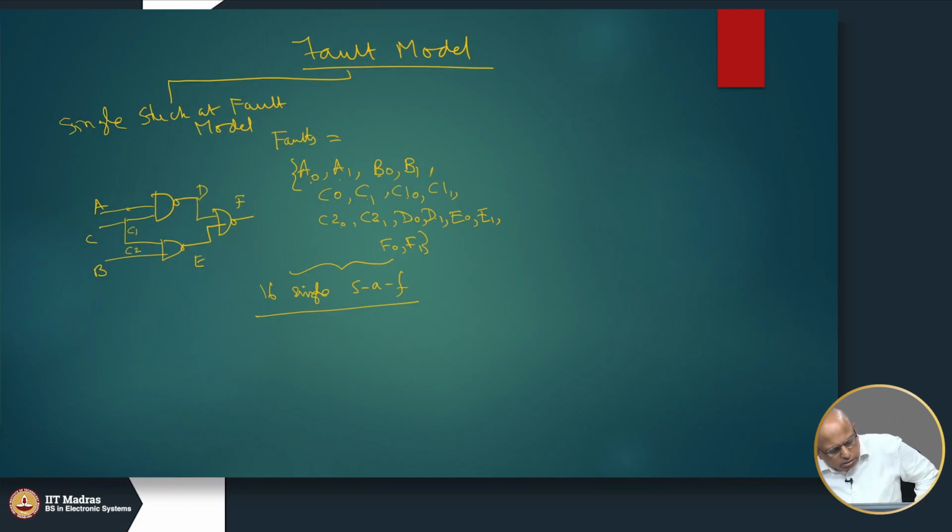You might ask me, hey, what can happen is both A is stuck at 0 and C is stuck at 0. It could also happen that D is stuck at 0, E is stuck at 0 and F is stuck at 1. So, yes, this can occur.